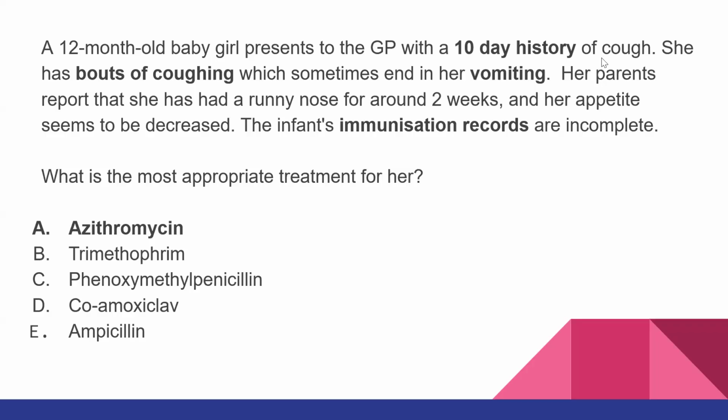A longer history of cough, these attacks of coughing which are quite severe, all happening at once. Because of the pressure, children can get vomiting afterwards. Children should be immunized against whooping cough, so if someone's immunization records are incomplete, you might think, has this child had the whooping cough vaccine?